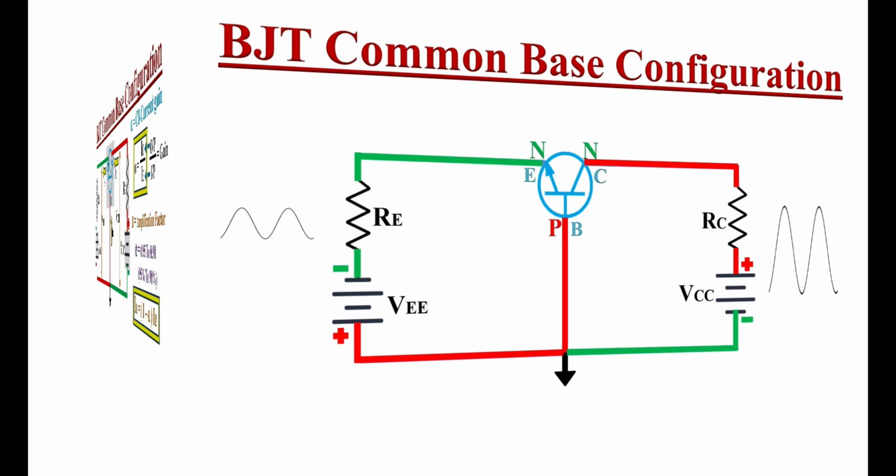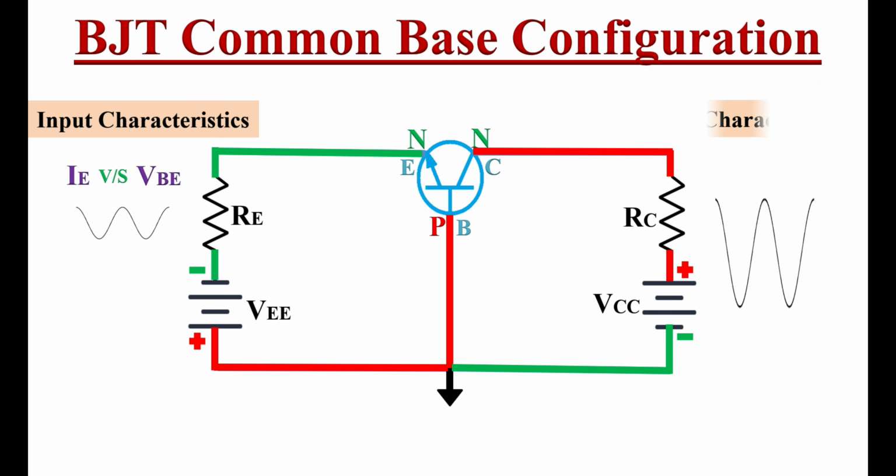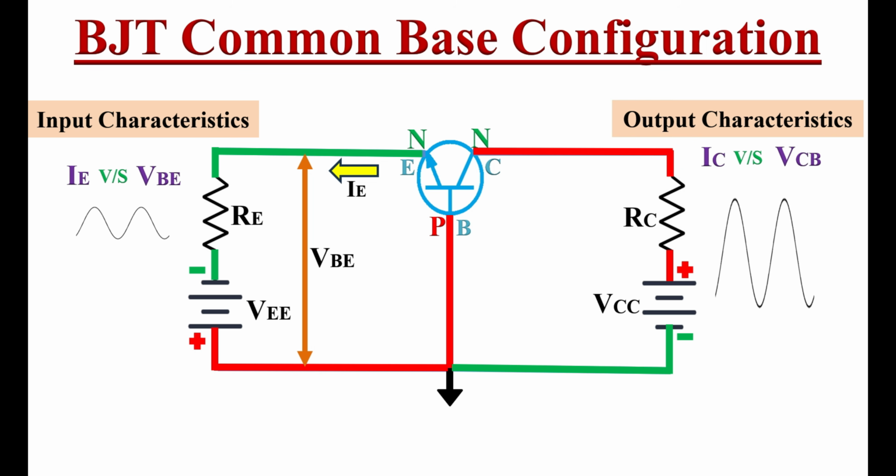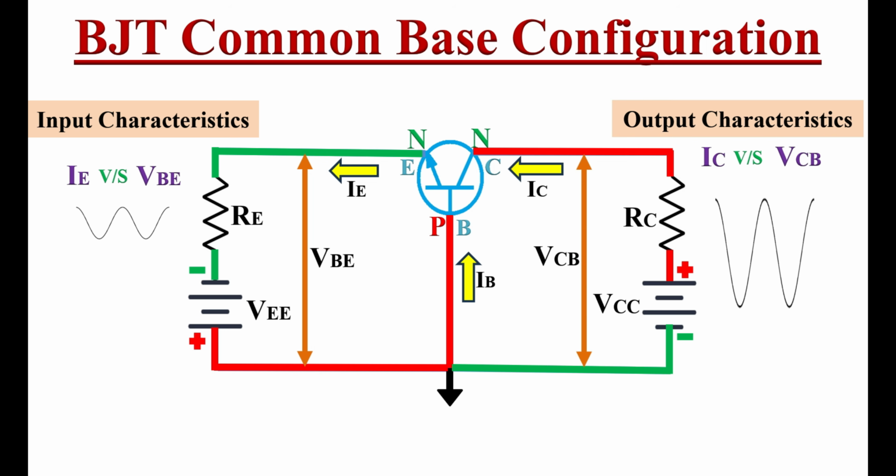Now let's understand the input and output characteristics. The input characteristics define the relationship between the input current and the input voltage, that is, emitter current IE to the base emitter voltage VBE. Likewise, the output characteristics define the relationship between output current and output voltage, that is, collector current IC and collector base voltage VCB.